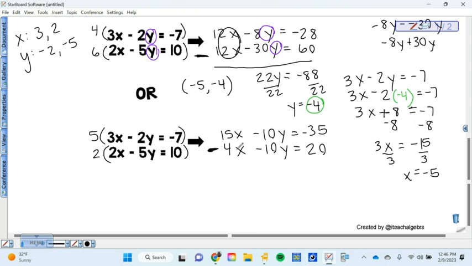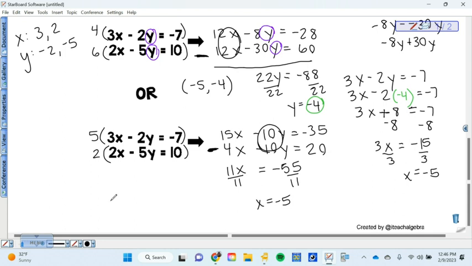So 15x minus 4x is 11x. -10y minus -10y is like -10y plus 10y, that's 0. -35 minus 20 is -55. To solve for x, I divide by 11, then x equals -5.